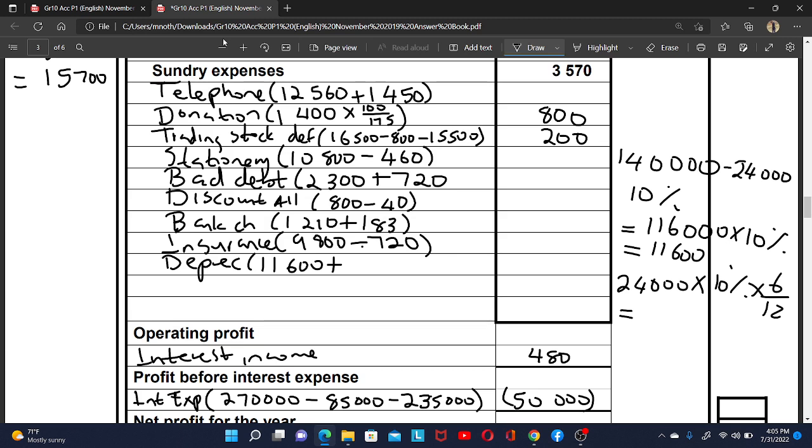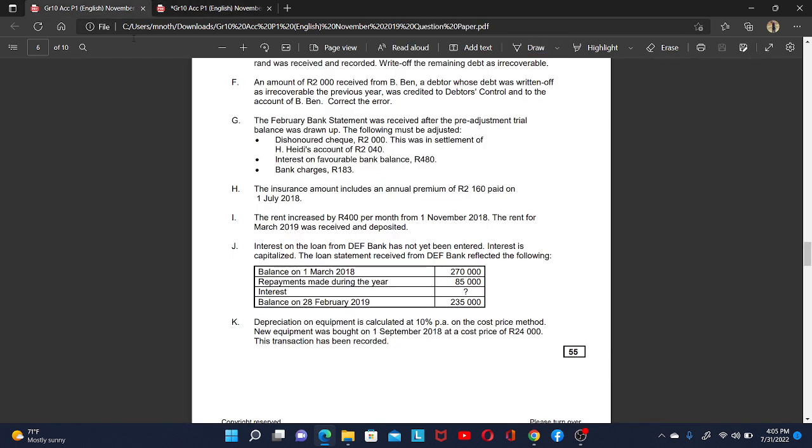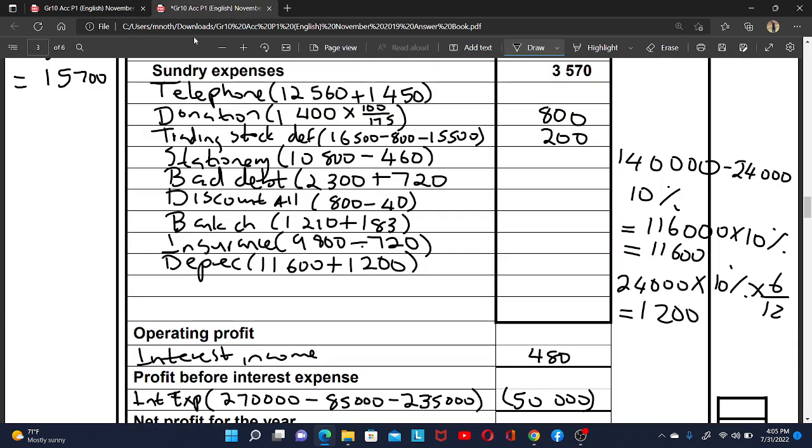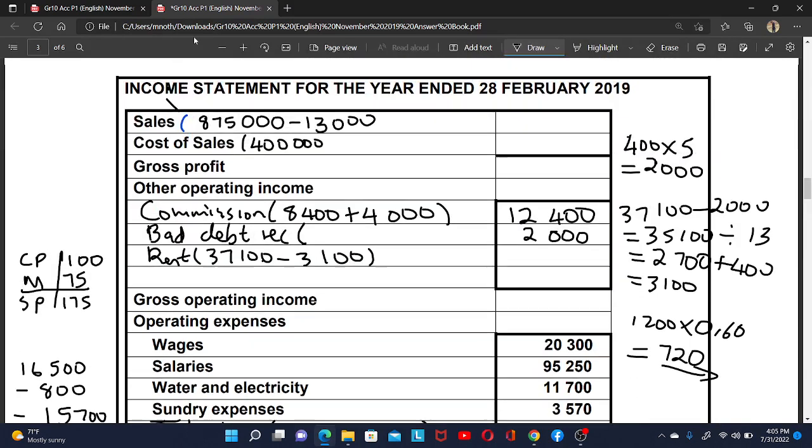So 24,000 times 10% times 6/12. The answer is 1,200. Then we are done with the adjustments. So let's just go and do the calculations and then we are done.